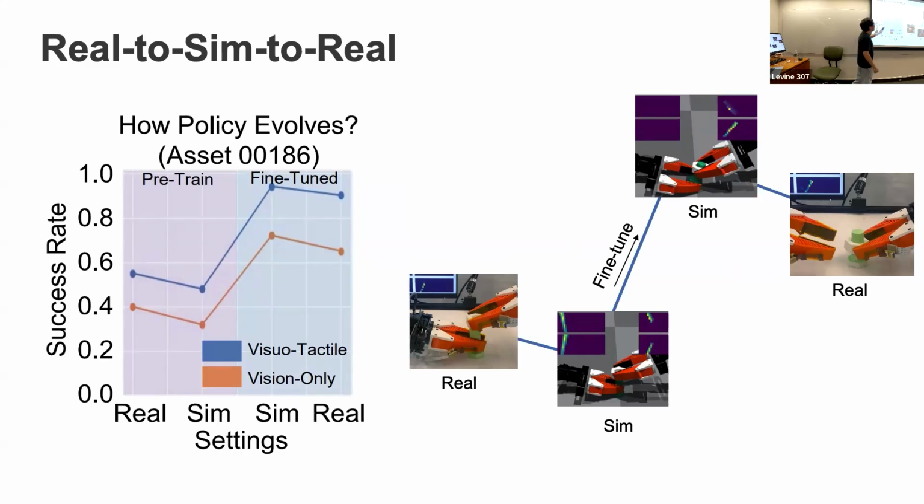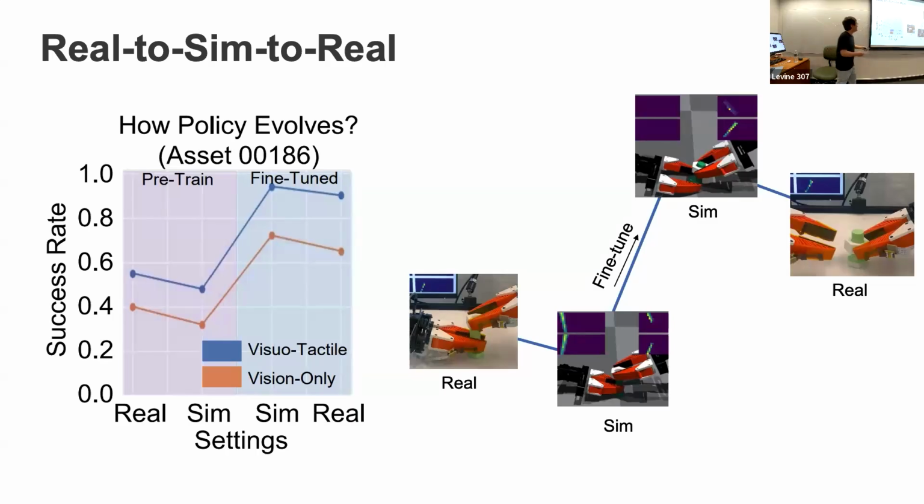The final takeaway is for our real-to-sim-to-real pipeline. We first train diffusion policy in real, and we roll it out and get a success rate. Once we transfer it to the simulation, it has a performance drop. Then we fine tune it to a higher level, and when we transfer it back, it still has a performance drop.